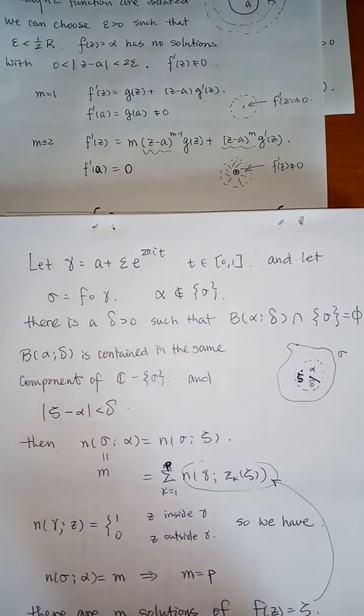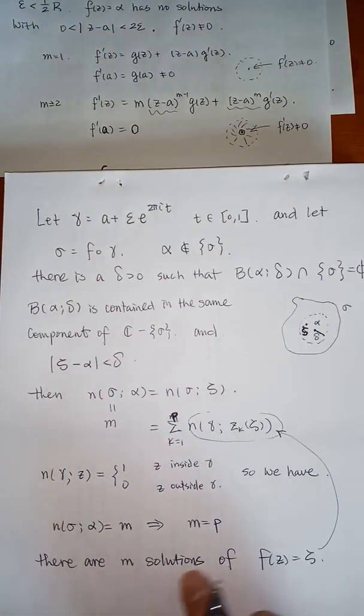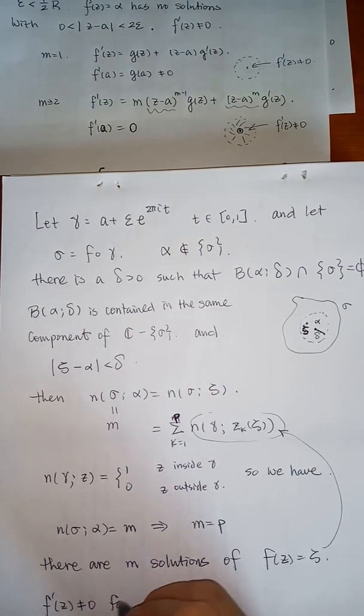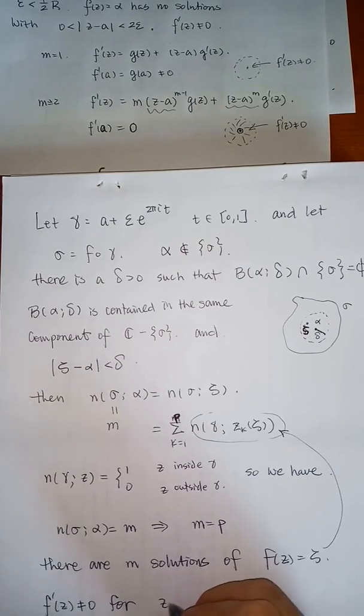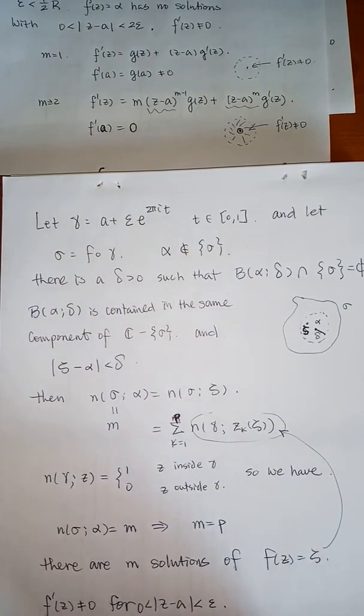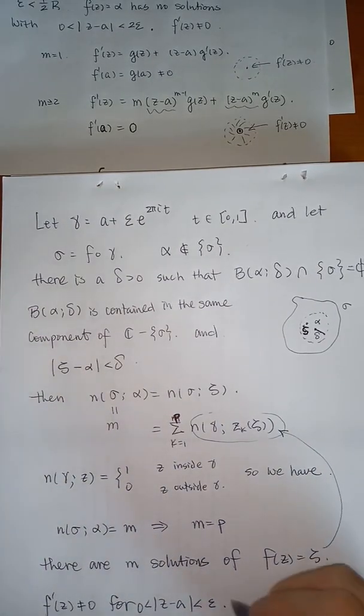And so far we only know there are M solutions. But since F prime of Z is not equal to 0 for Z minus A between 0 and epsilon, there are no repeated solutions.